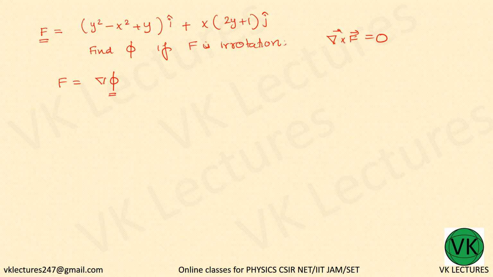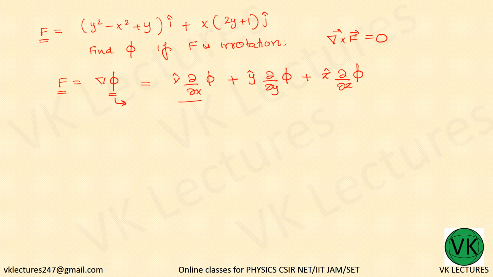Now you need to find phi such that F becomes irrotational. Now what does F equal to del phi mean? Del phi is equal to x cap dou by dou x of phi, we don't know, plus y cap dou by dou y of phi plus z cap dou by dou z of phi.